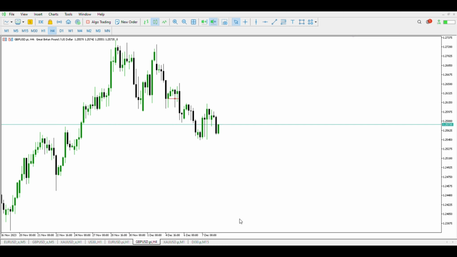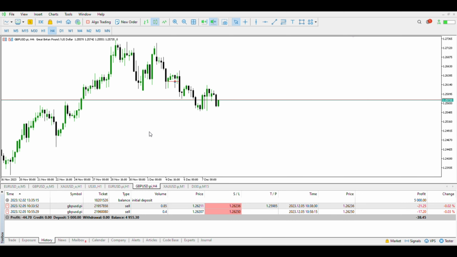So the summary is that the account is in a little bit of a drawdown. I lost $38.45 on the initial trade plus the second trade, which was supposed to be a loss mitigation trade to recover the loss on the first trade. The first trade is 0.85 lots, the second one is 0.4.